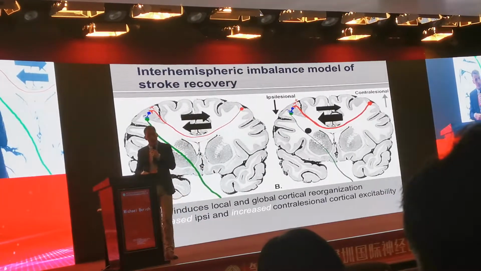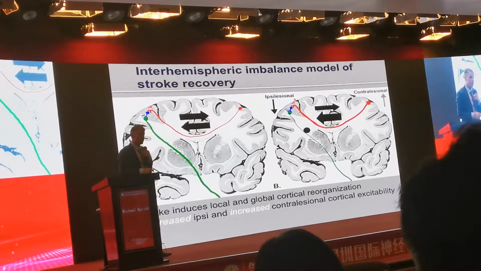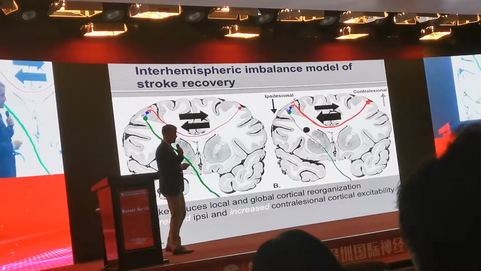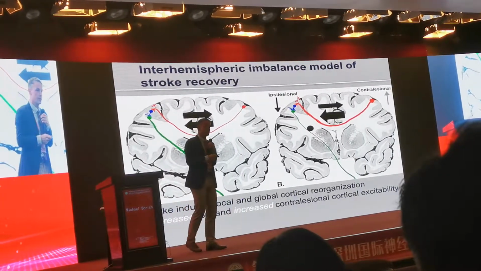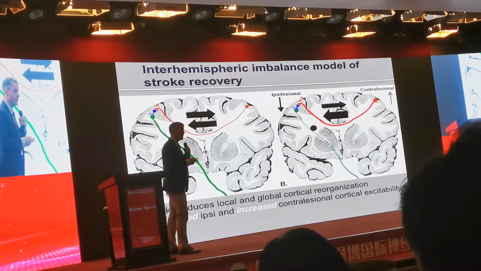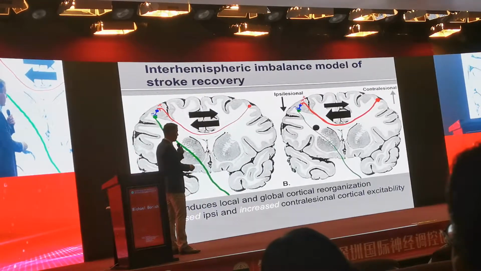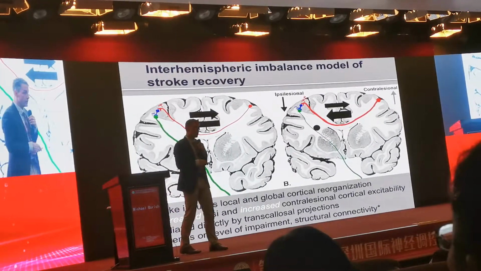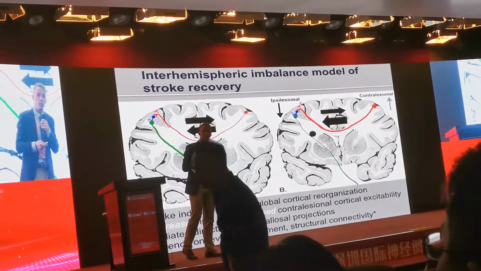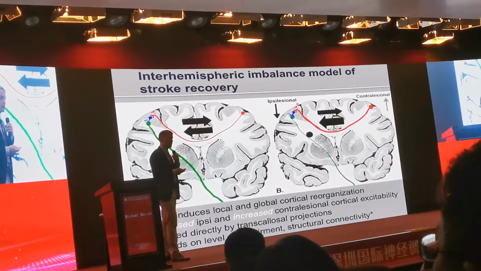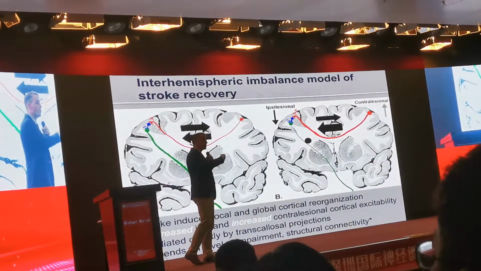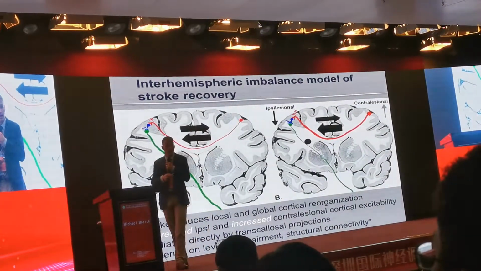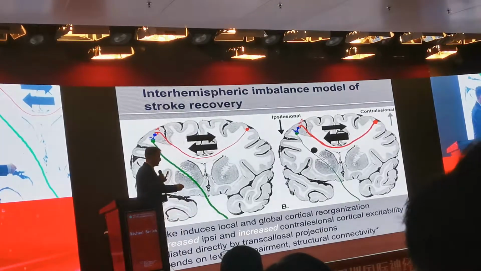And then there's a subsequent upregulation of the non-stroke affected hemisphere, and this seems to be mediated directly by transcallosal projections. So the question is, is that actually the case, and for whom does this model actually fit? It turns out that it's really important, based on the underlying structural integrity and the underlying level of impairment, whether or not this model likely applies. That will become important in the subsequent slides.